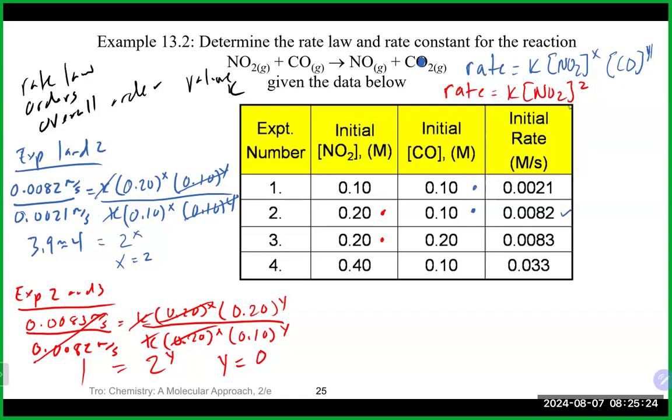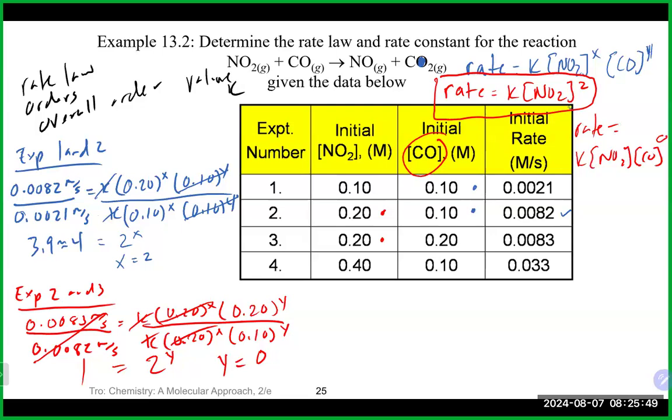Now, because the CO is 0 order, you could do one of two things. You could leave it off in terms of the rate law like I did here and not even have it in there. If you are to put it in, you do need to make sure you write it like this, and you do put a 0 on top of it.